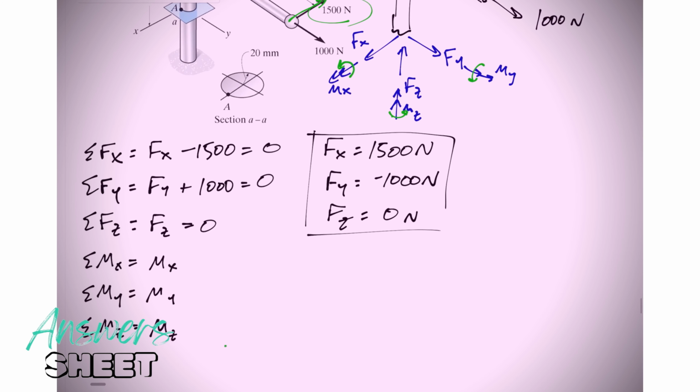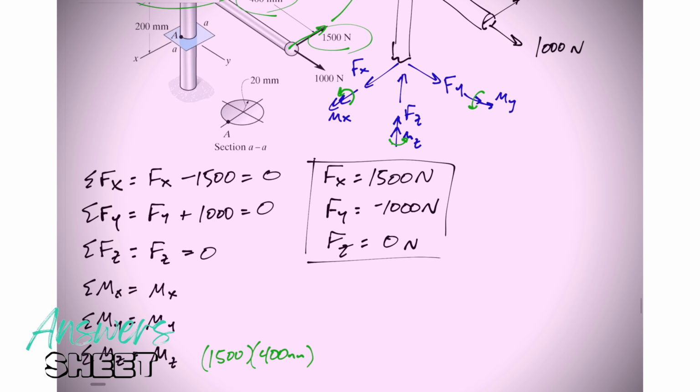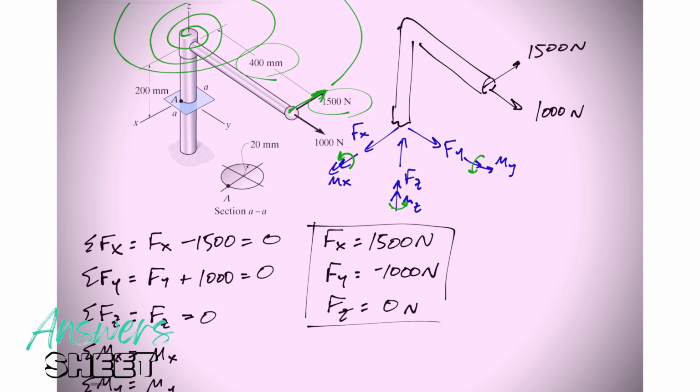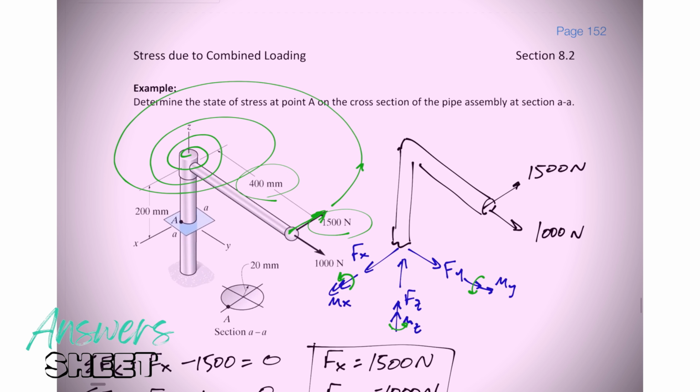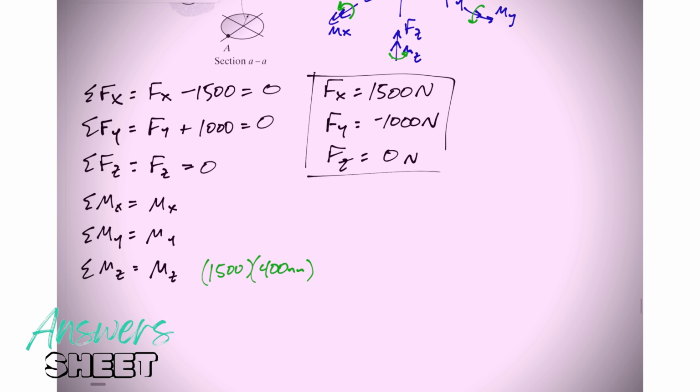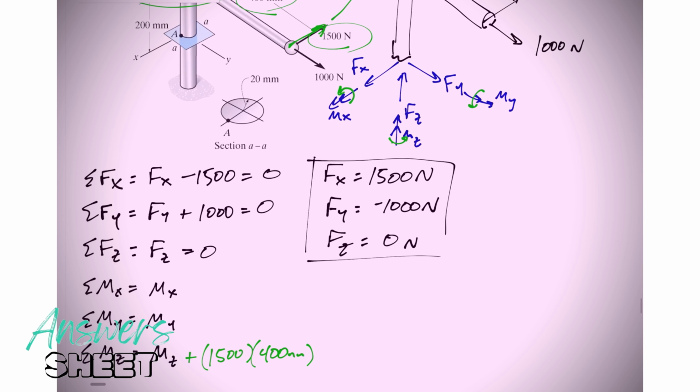So I'm going to come down to my z equation, and I'm going to say, okay, 1500 newtons acting 400 millimeters away. Positive or negative z? If this is my arrow, what type of rotation does this cause? Use your right hand, curl it about z. My thumb is pointed in the positive z, so that would be a positive moment.